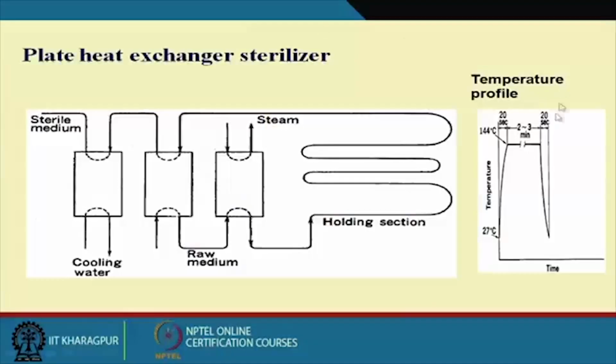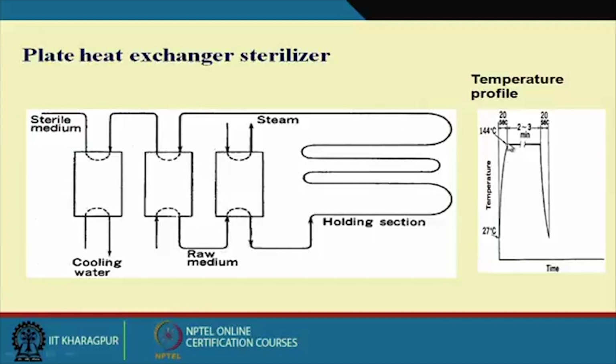Now here I have given you the temperature profile. Here you see that when your raw media is coming, it requires some time for partial heating, and then it is heated to 140 degrees centigrade.